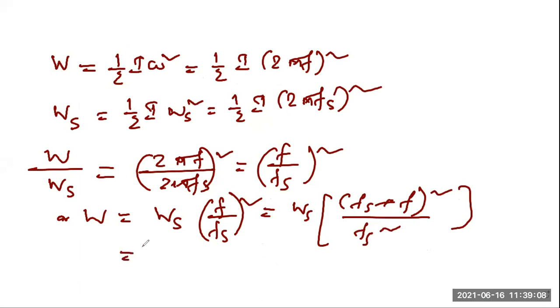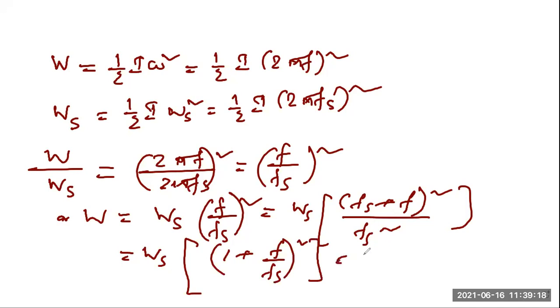So we'll get Ws into 1 plus delta f by Fs whole square. Yes or no? Clear? So this will be 1 plus 2 into delta f by Fs. Sorry, this will be delta f actually.